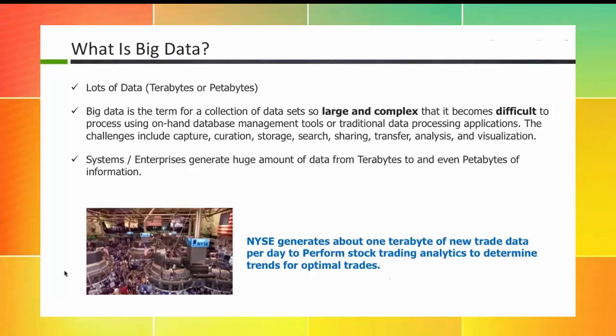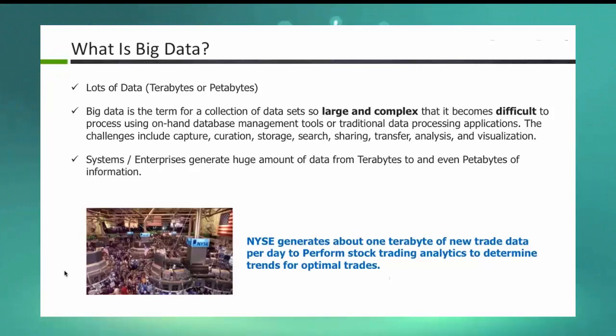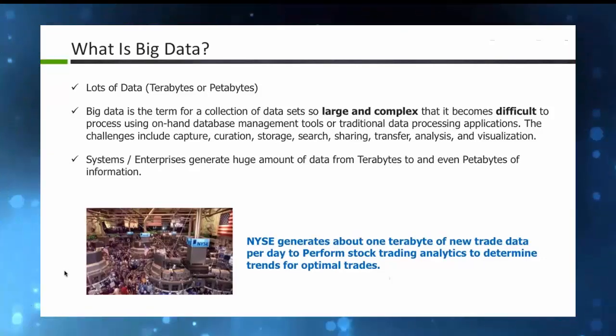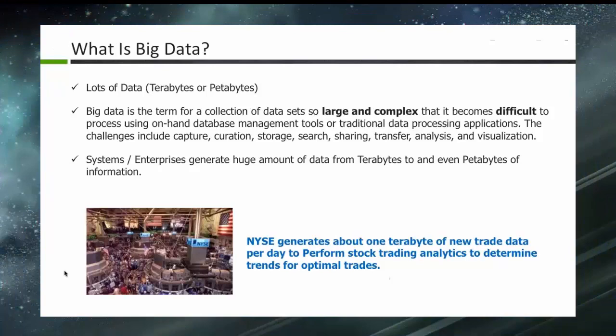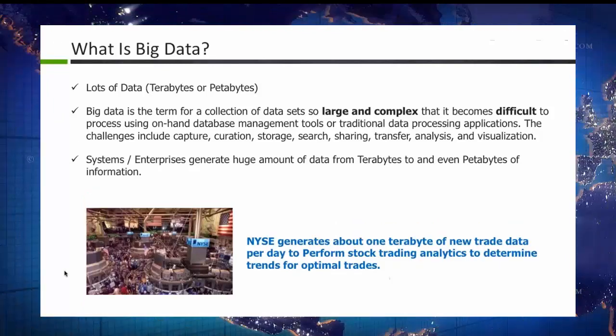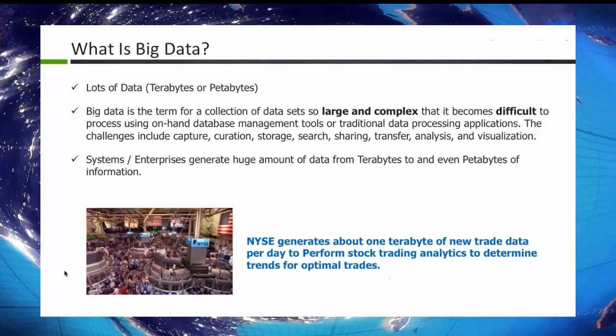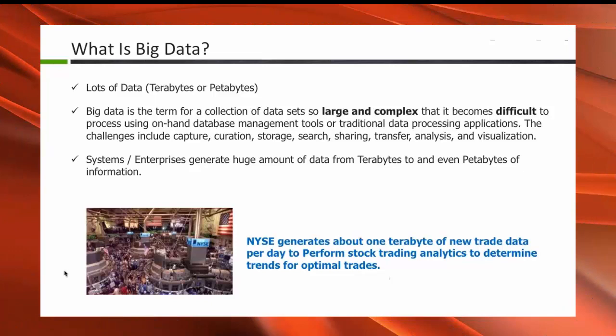That contributes to big data. Large amounts of videos and audios which are shared are big data. The customer behavior data which you get in large organizations contributes to big data.